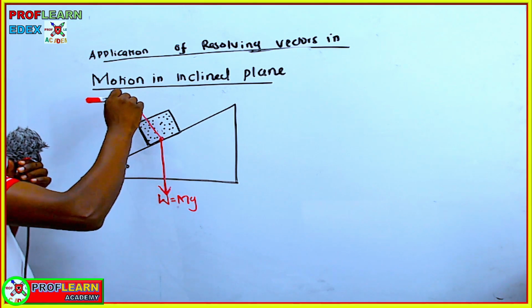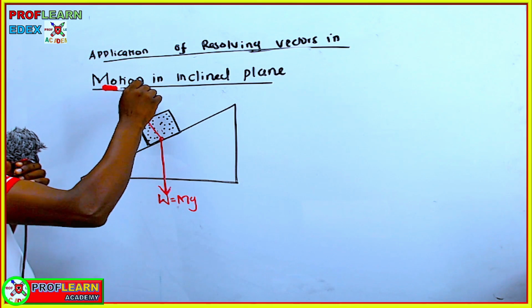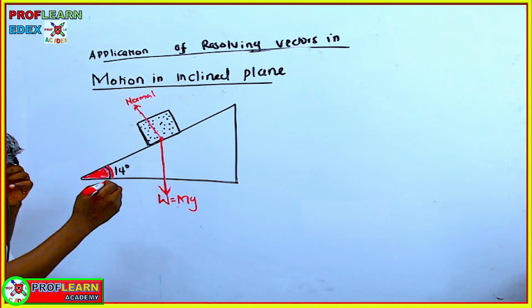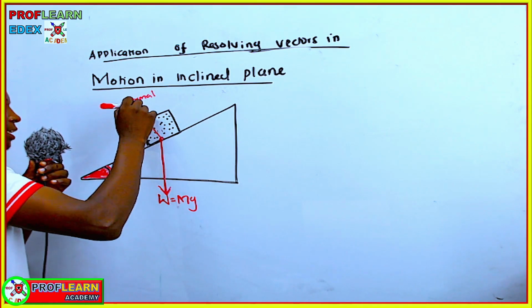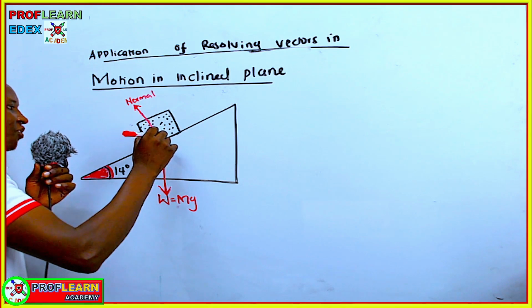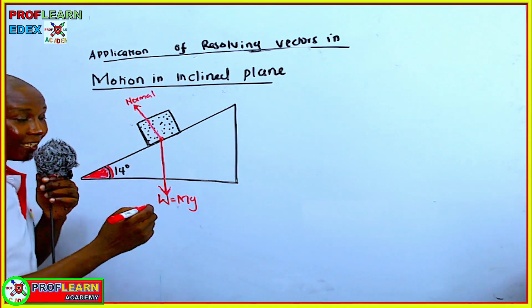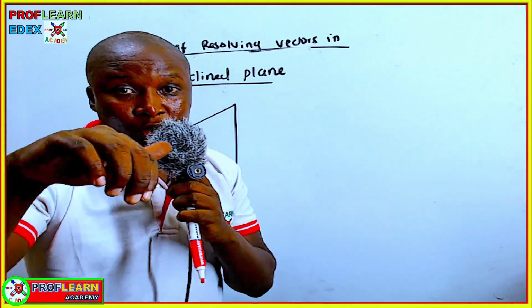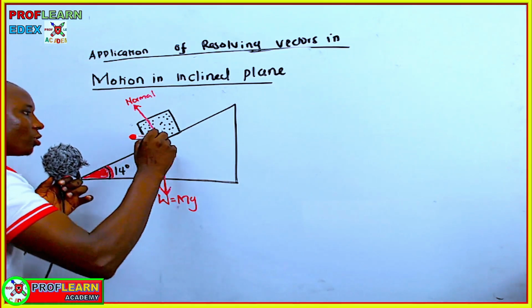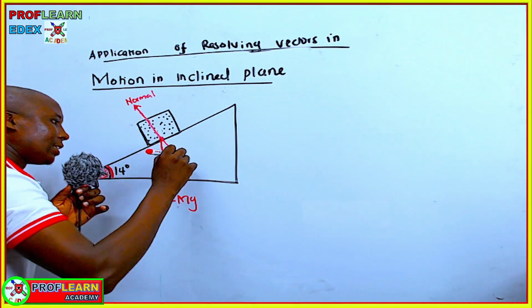This is our normal reaction force. So if there is a normal reaction force, remember this box is going to be exerting a force into the inclined plane. So there is a force acting in that direction, right?